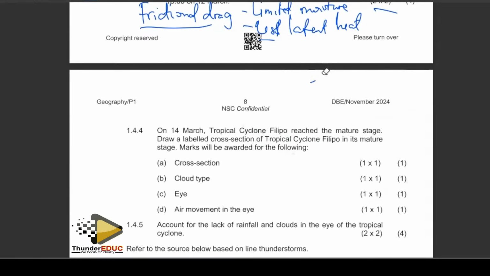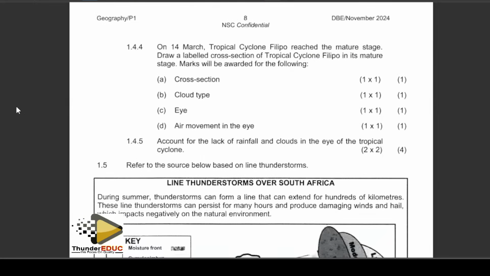When the air is descending, there is no condensation taking place, which means there will be no clouds and no rainfall forming in the midst of the system. There is descending air. That is the first reason. Air sinks in the eye of the system, like what I indicated. Air sinks or descends.